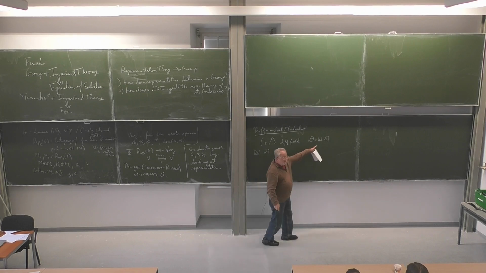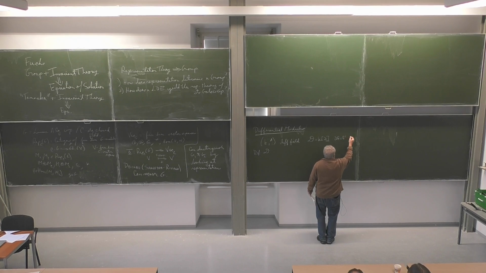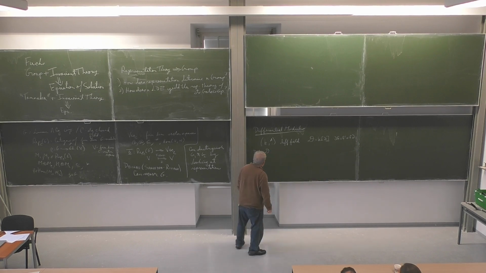Okay. So a D module. This is the ring of differential operators. It has this funny multiplication, which we've seen. This is how you commute things.